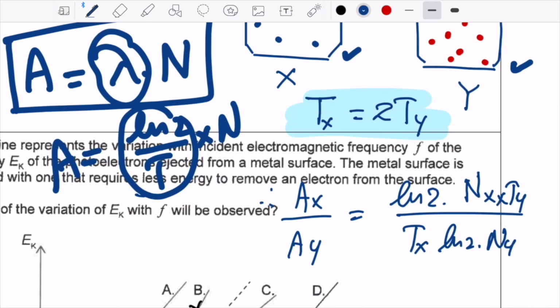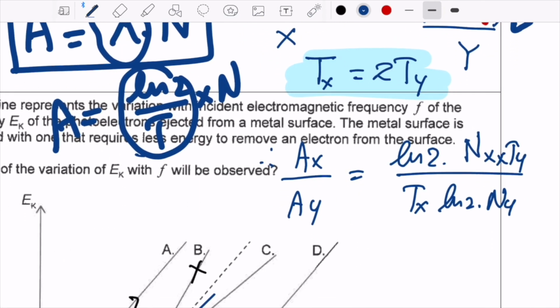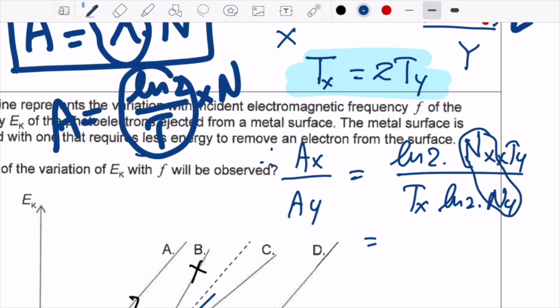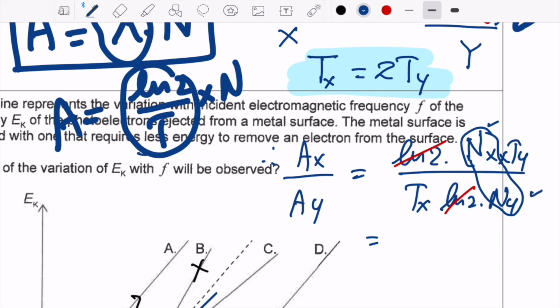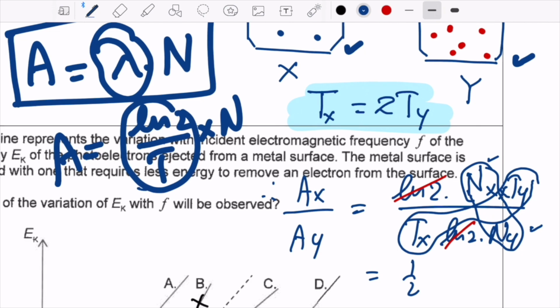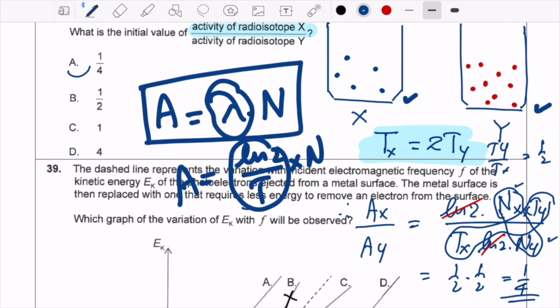Check this calculation slowly, you will understand. The ln2 cancels out. Nx to Ny is half. Ty to Tx, the half-life ratio, is also half. This ends up being 1 over 4. So this answer also has to be A. So question number 38, answer is A.